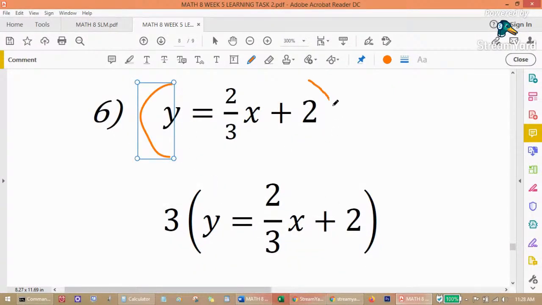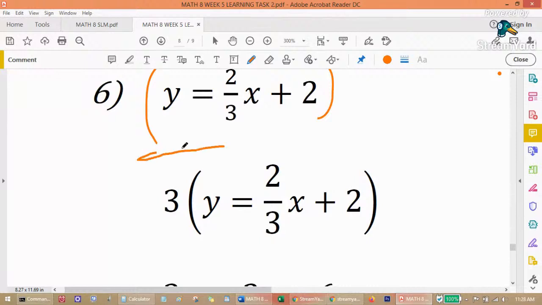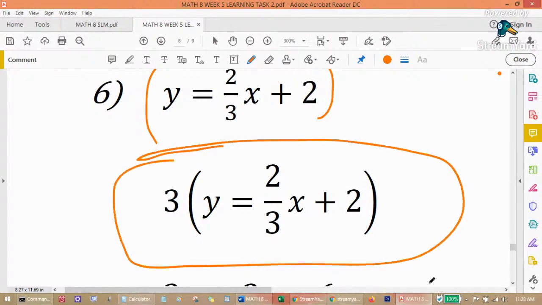Lahat ito, lahat yan ay i-multiply natin. So ito at saka ito ay i-multiply natin ng 3. Okay? So kaya nagkaroon tayo ng ganitong equation.